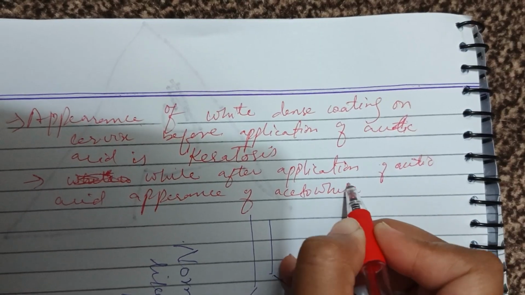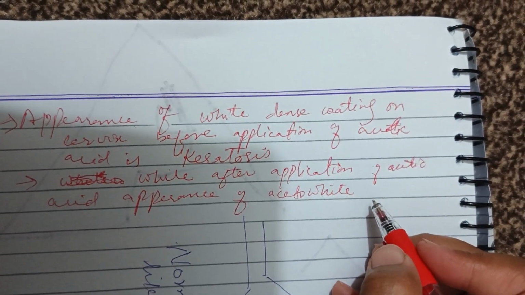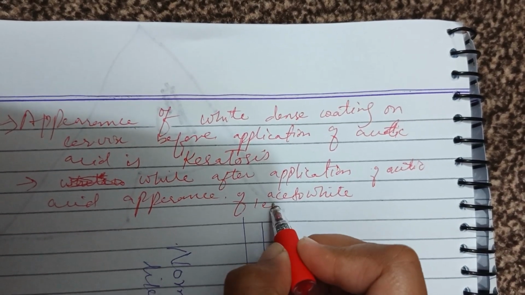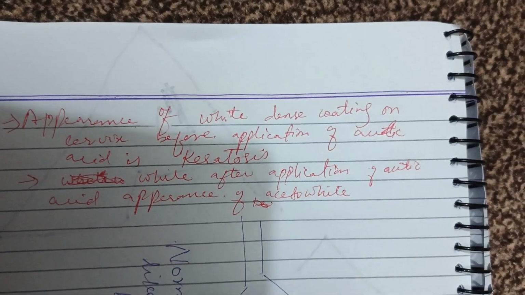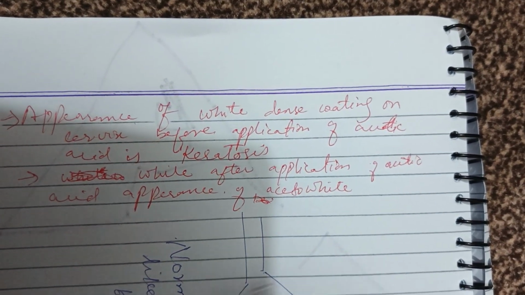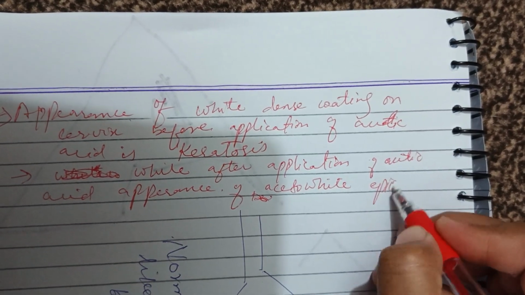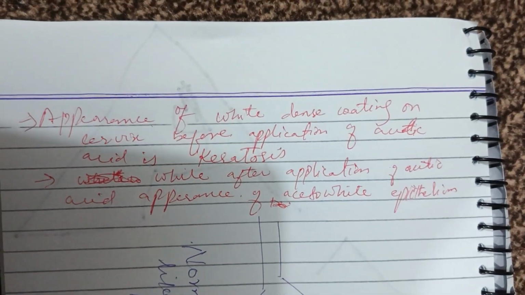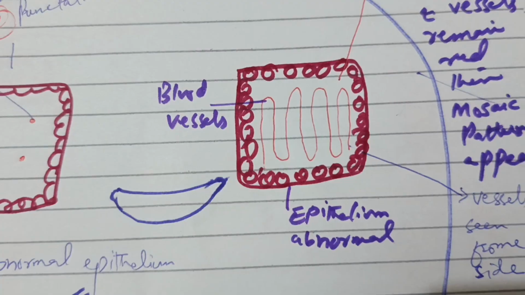I hope now you understand clearly these colposcopic parameters: what is mosaic pattern, what is punctation, what is atypical vessels, what is keratosis, what is aceto-white epithelium.